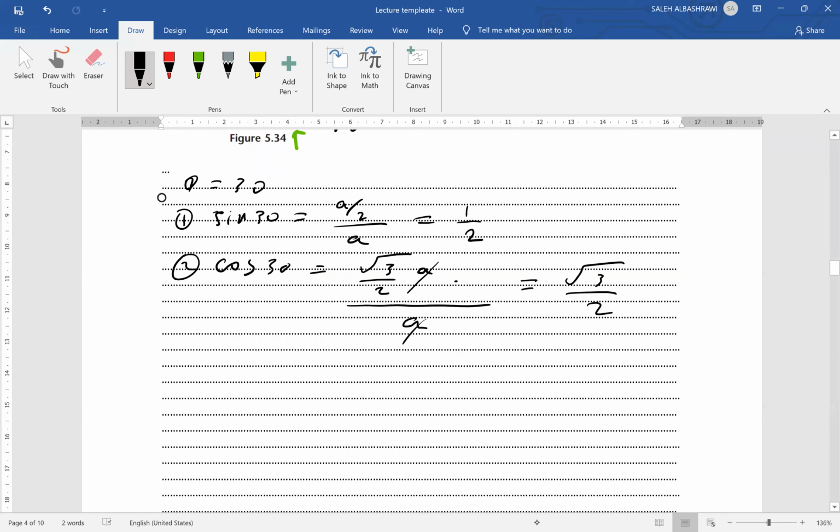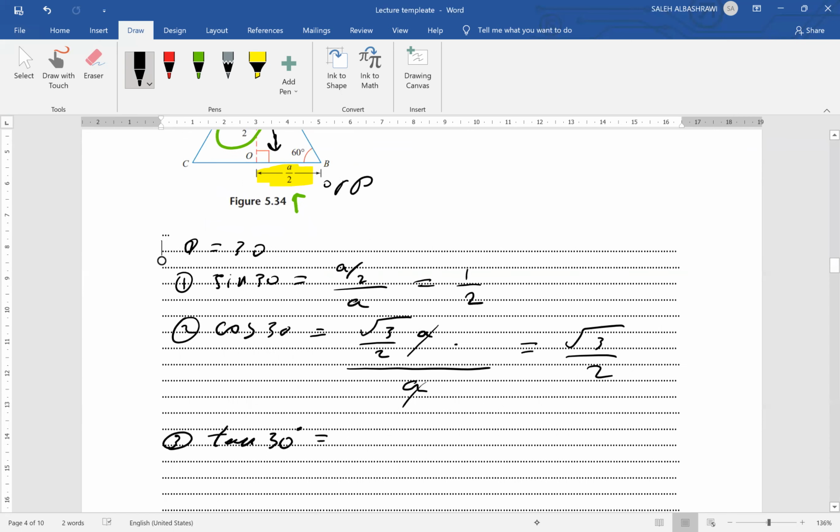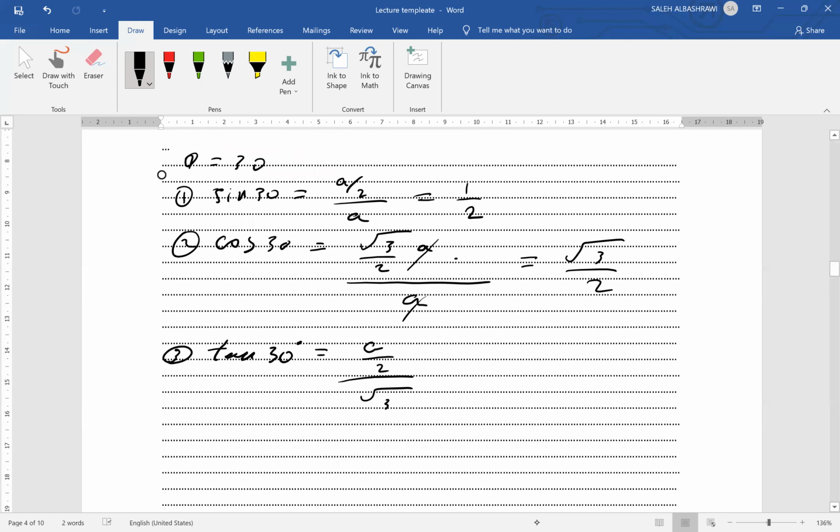Number 3, tangent. Tangent of 30 degrees. We know it is the opposite divided by the adjacent. It is A by 2 divided by square root of 3 A. This A will cancel with this one.